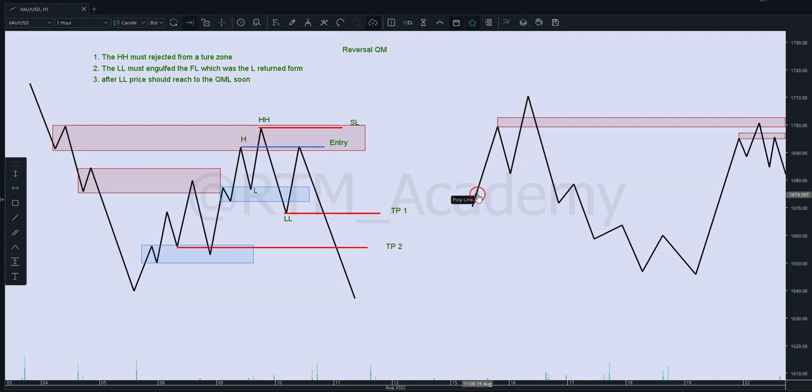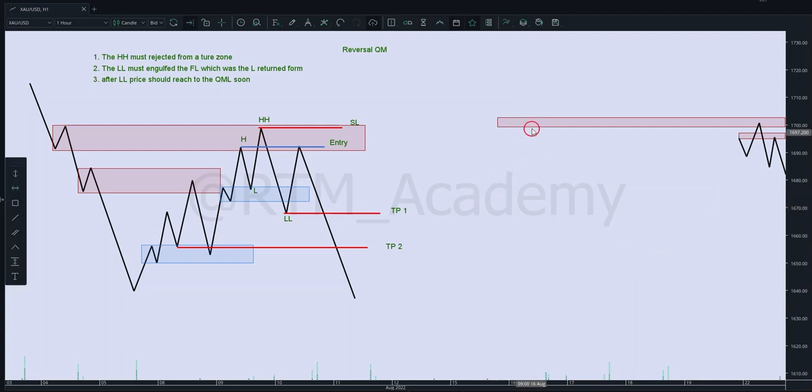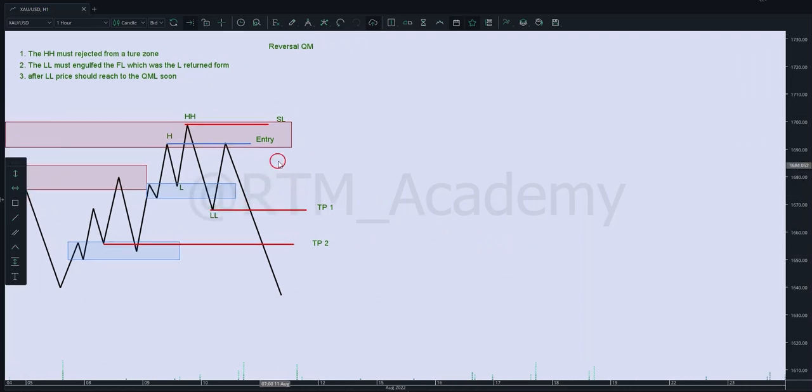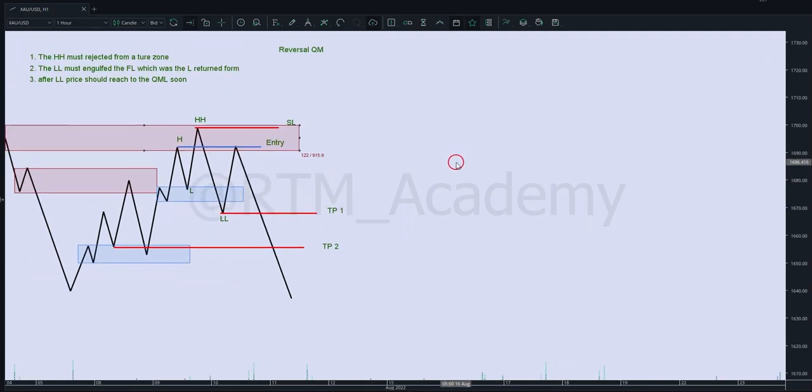The next condition that I'm going to describe to you is that guys, you should have a multi-time frame analysis. So this QM that I drew for you is in the lower time frame. In the higher time frame, we will see something like this. Let me draw it for you here.